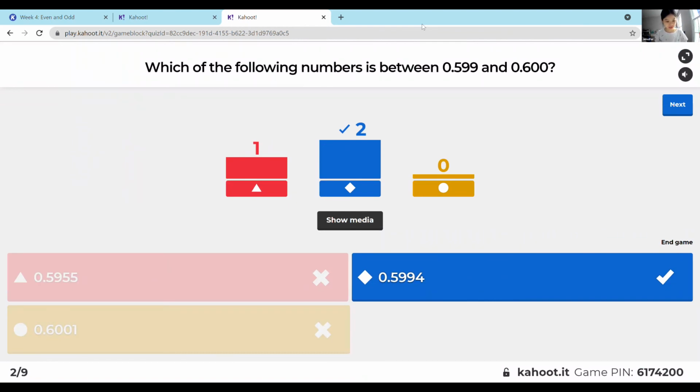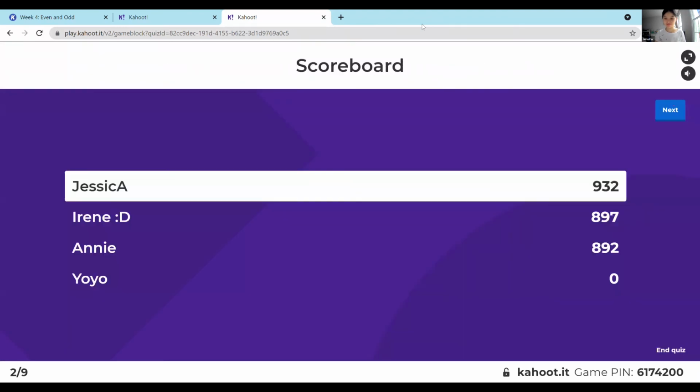As you see, the triangle option is too small, while the circle option is bigger than both the numbers. They're only 0.5994 times between those two numbers. Good job, Annie.